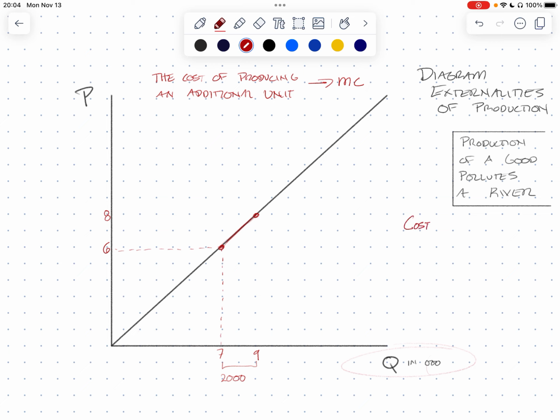The cost is going to be equal to the cost for producers and the cost for everyone else. Usually, in most markets, the cost for producers is the total cost.